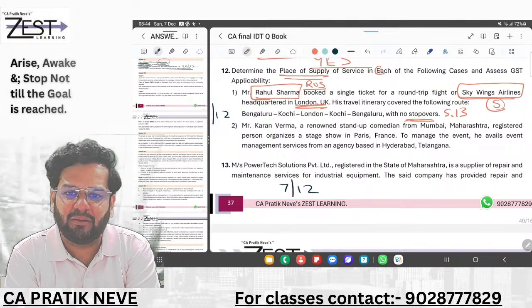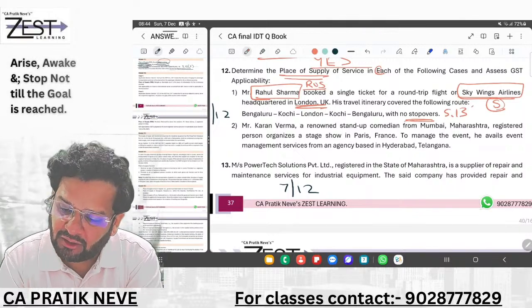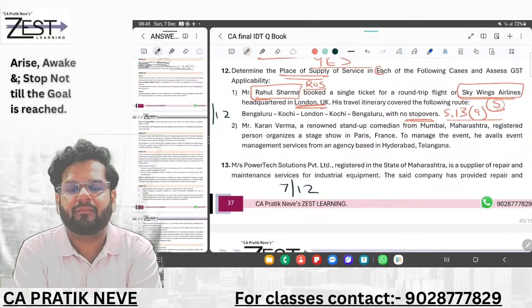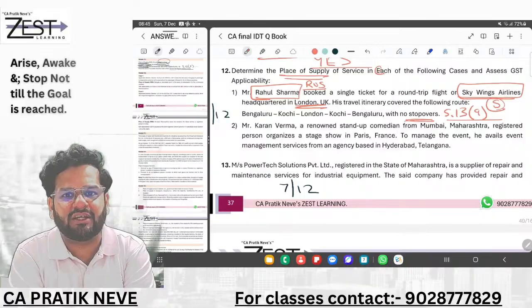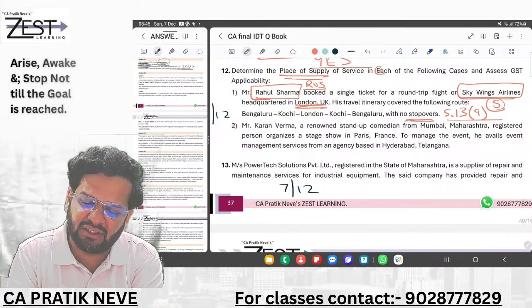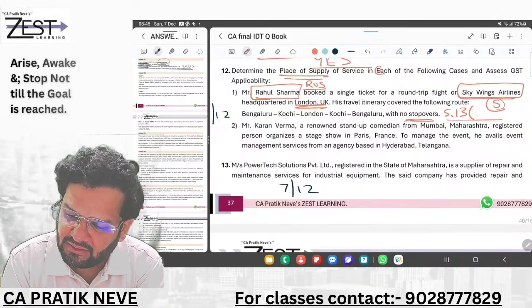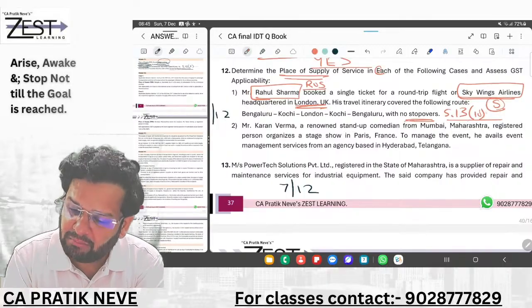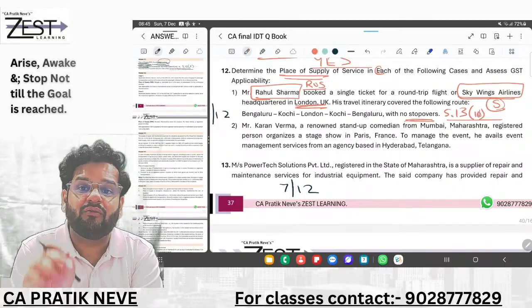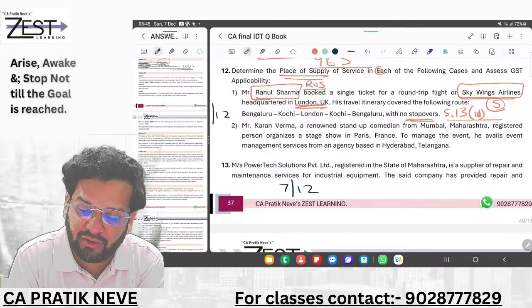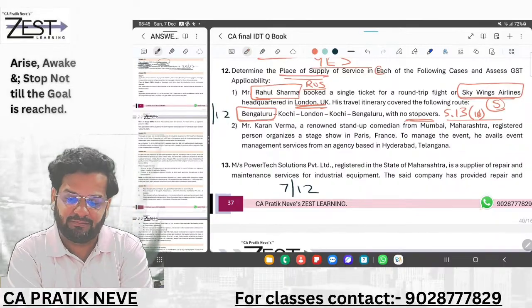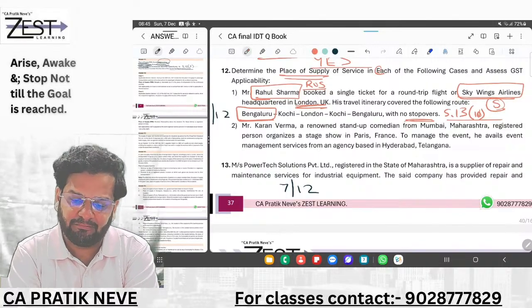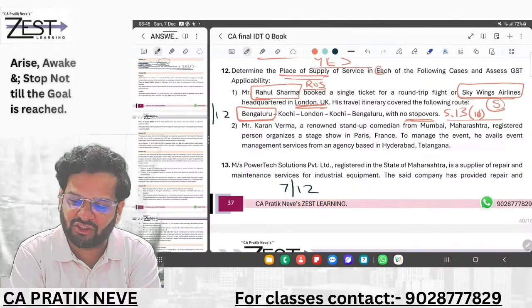So here the place of supply is given in 13(9). And in such cases, place of supply is where he embarks on the conveyance for continuous journey. So it's going to be Bangalore. Okay. Bangalore is going to be place of supply.